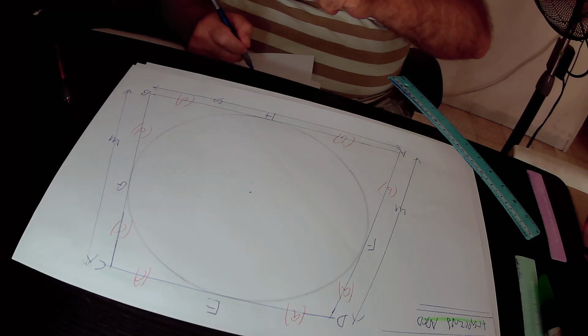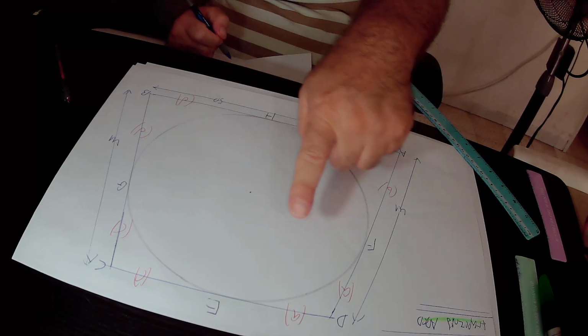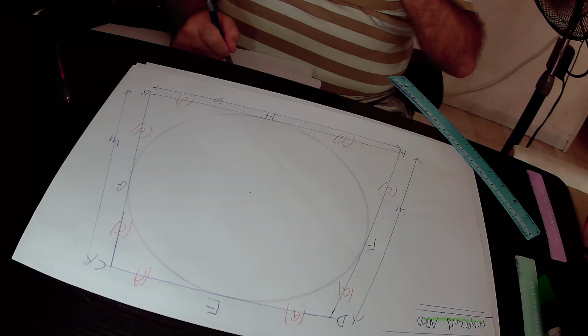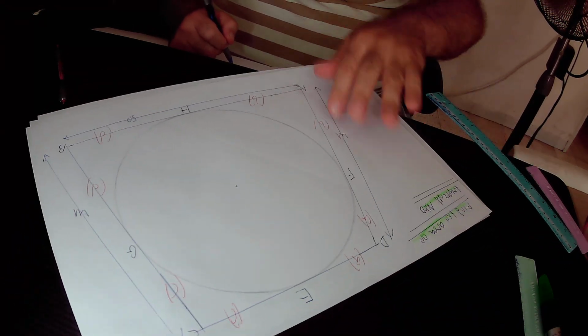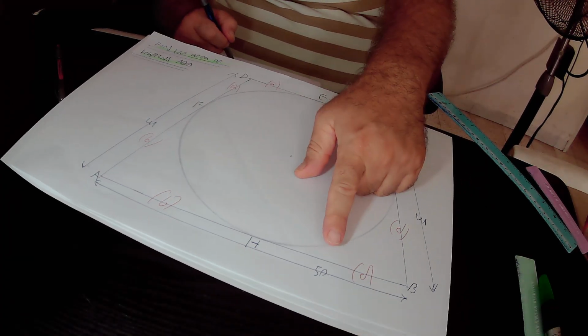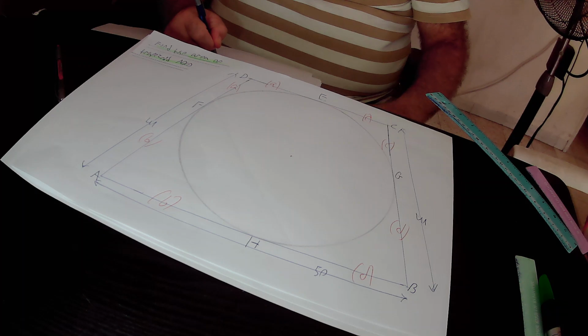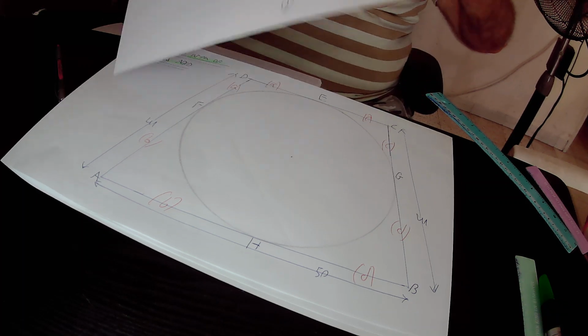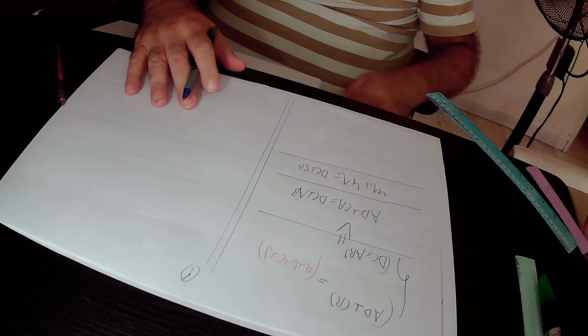CB is also 41, and it equals DC. DC is the missing side, so we'll leave it as it is, plus AB. AB equals 50 units in its length according to what's given in the question. So in total we have found out that 41 plus 41 equals DC plus 50.